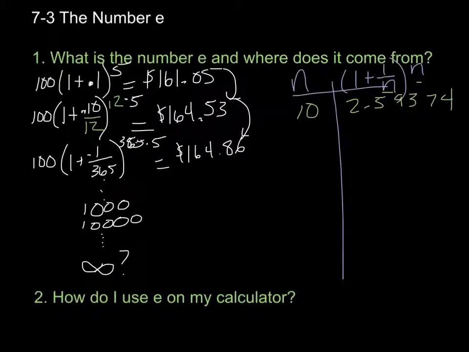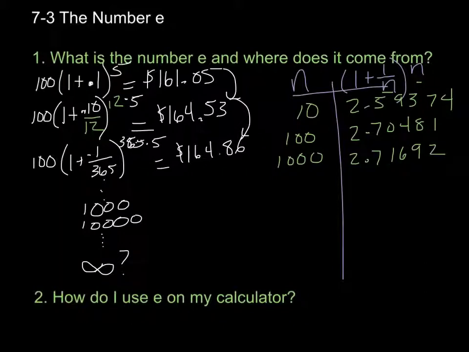2.59374. Okay? All right, let me do it again. I'm going to do it with 100. And if I do it with 100, it will be 2.70481. And let me do it for 1,000 and see what I get. If I input 1,000 for n, I get 2.71692.